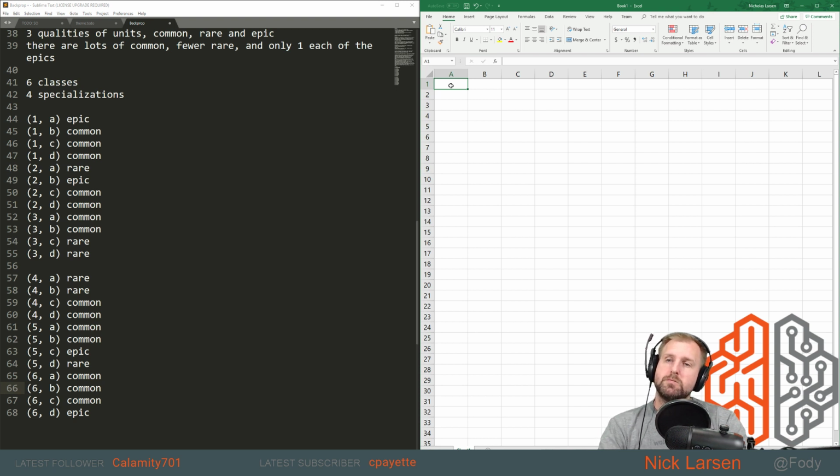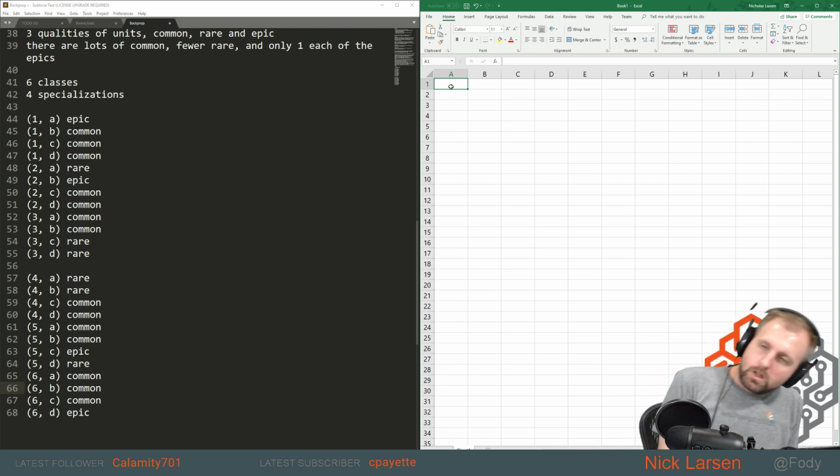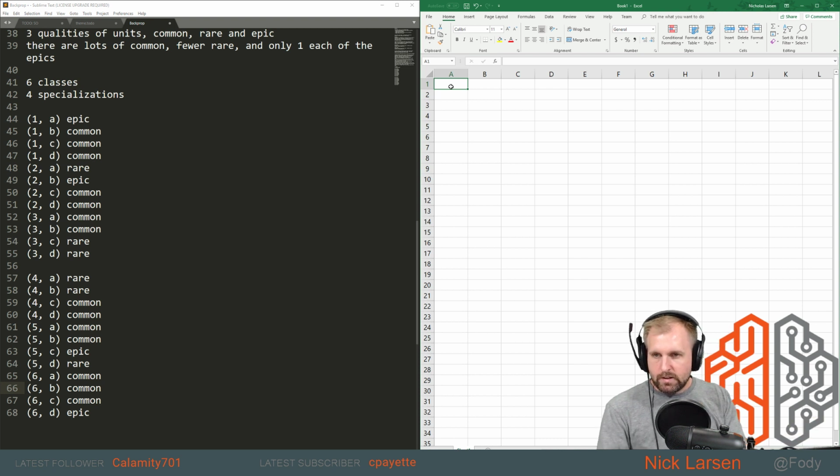So what we're going to do is say, basically just trying to figure out if there's one that sticks out as obviously way too powerful. I think it's impossible. Well, you could have 4 epics, but you would have no 2 specializations the same.